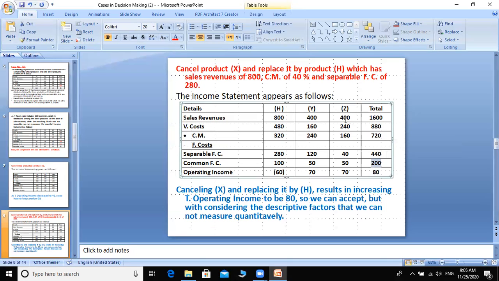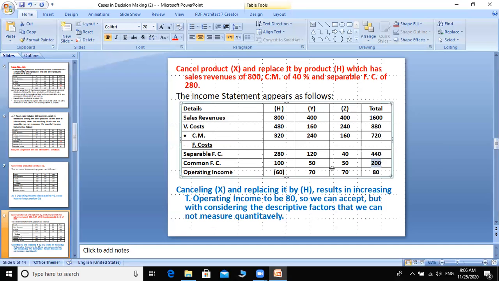Y and Z both have 400. So $100 of the common fixed cost will be for H, and the other 100 will be divided between Y and Z. Again, you can divide 200 by 1,600, then multiply the result by 800, 400, and 400. Or you may allocate the 200 according to 8 to 4 to 4, that is 2 to 1 to 1. 2 and 1 and 1 means 4. 200 by 4 gives 50. 50 by 2 is 100, 50 by 1, 50 by 1.